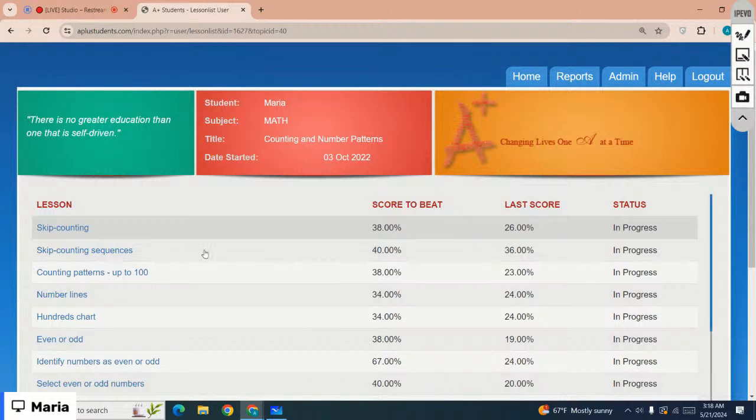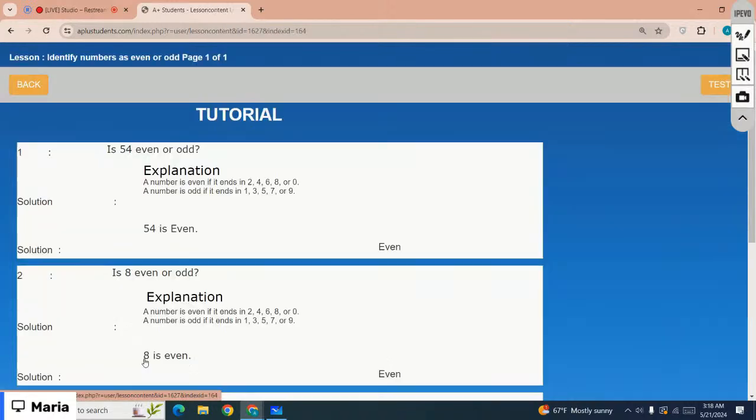The next lesson is identify numbers as even or odd. Is 54 even or odd?